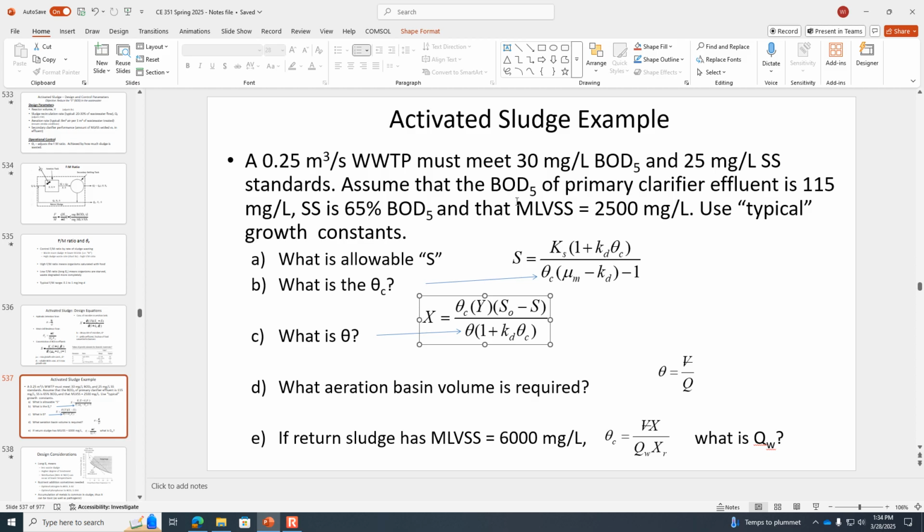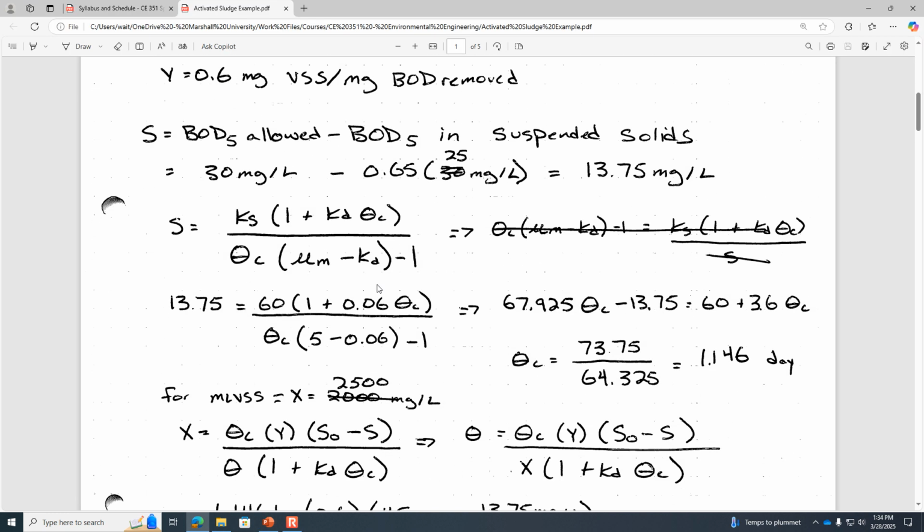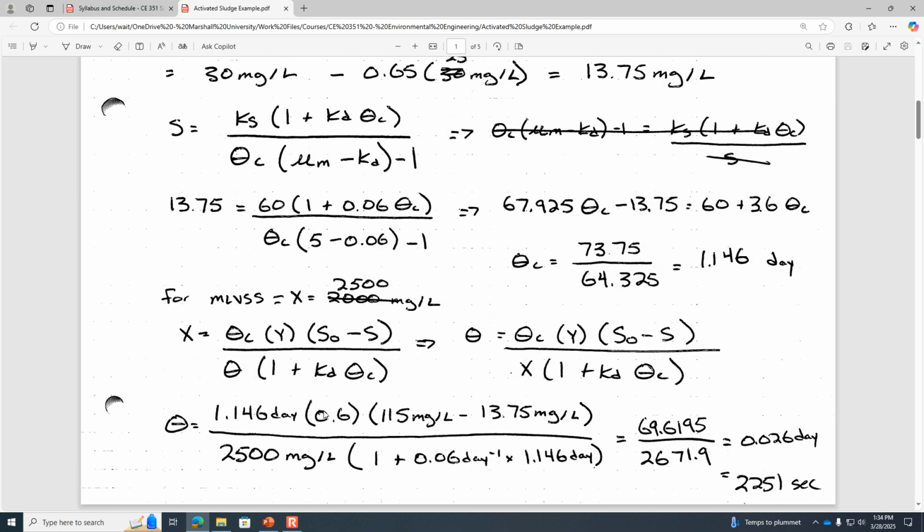So we know X is 2500. We know theta sub C we just calculated is 1.1. In fact, we know everything here except for theta. So here, if we use this formula and we're saying 2500 milligrams per liter for X, and rearrange this equation for theta.